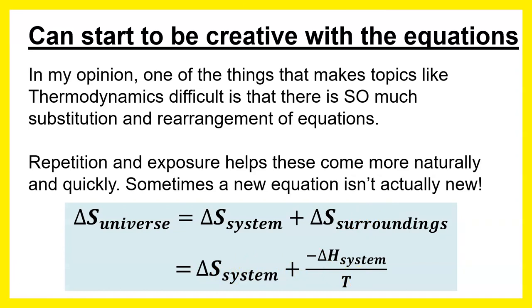It's just that instead of trying to measure the change in entropy of the surroundings directly, well, if I already know delta H and I know what temperature I'm at, I can just substitute and measure my system here, can't I? That can be very powerful to us. It allows us to measure things that we may not be able to otherwise. It allows us to calculate things we may not have been able to otherwise.